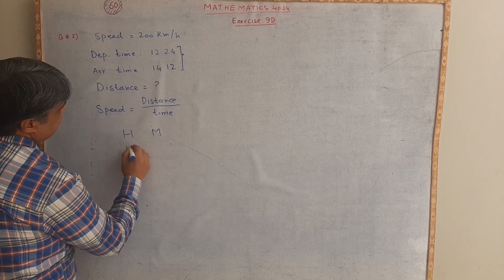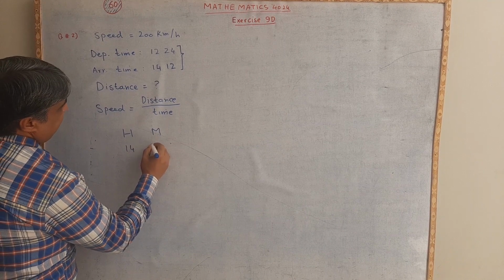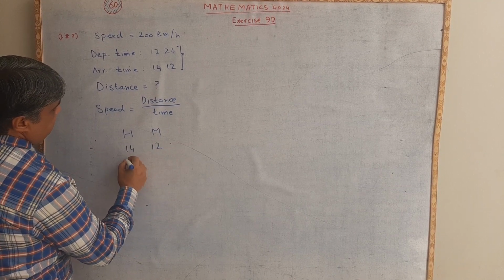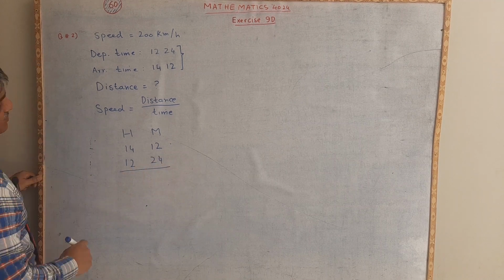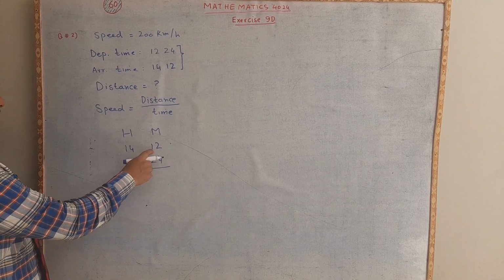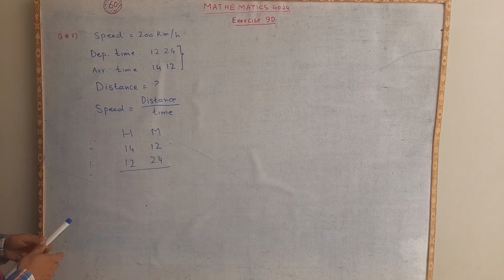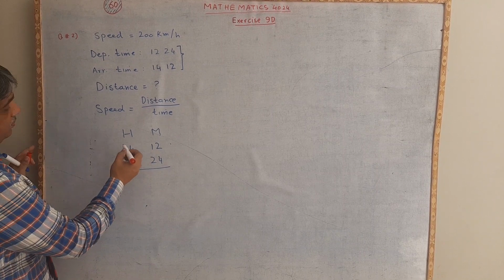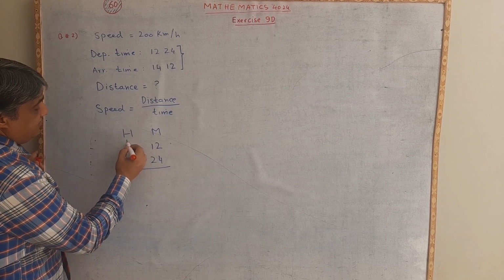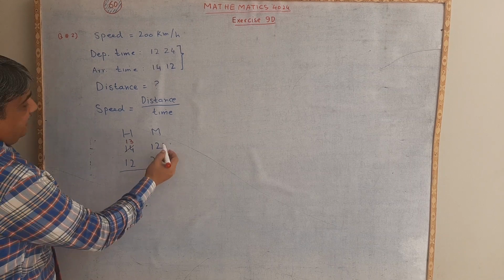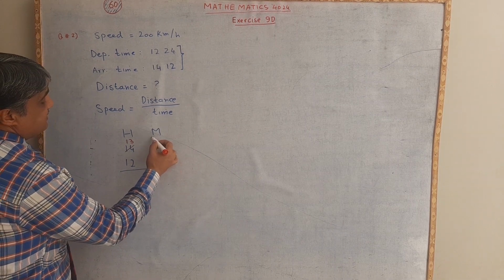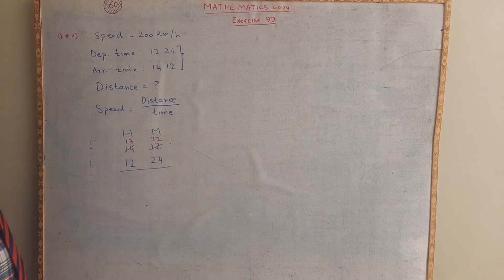From the final time, the arrival time, we have to subtract the departure time. From 12:24, 12 cannot be subtracted from 24... so we have to give 1 hour to minutes, and 14 will become 13, and this will become 72, because 60 when added to 12 will yield 72.